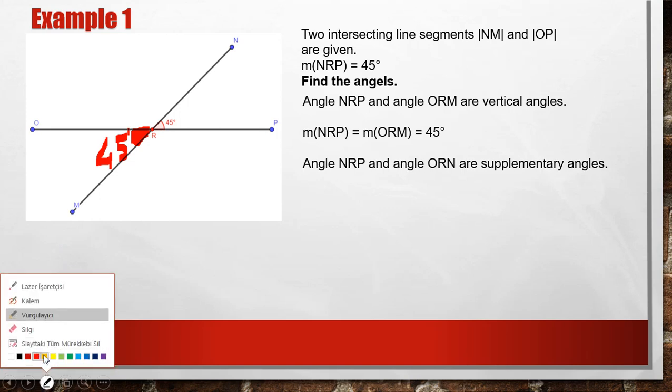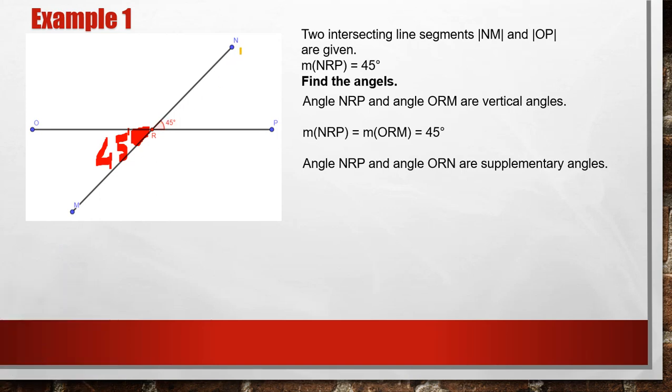We know that the angle NRP and angle ORN are supplementary angles, these two. Okay, so their sum should equal 180.